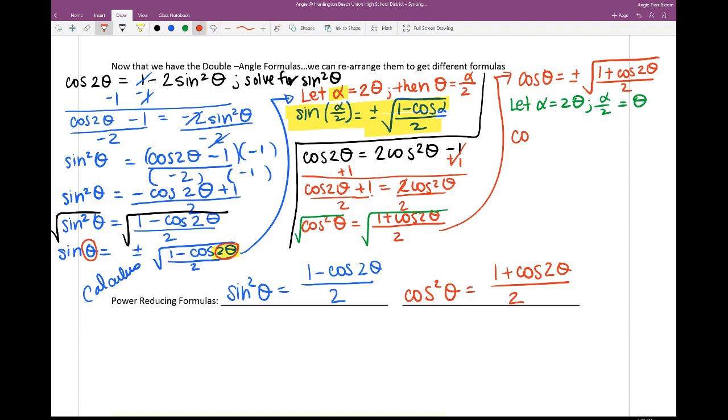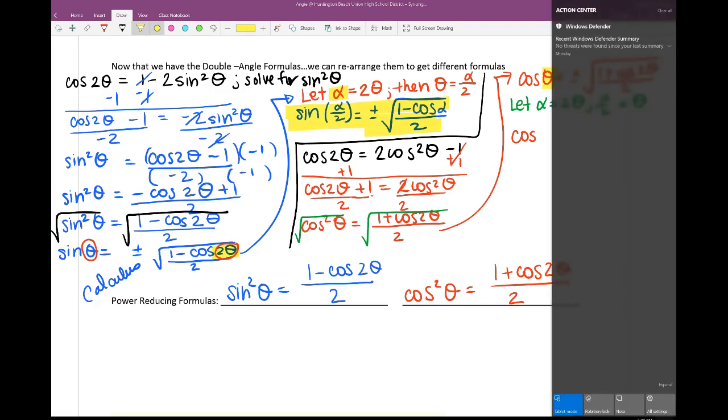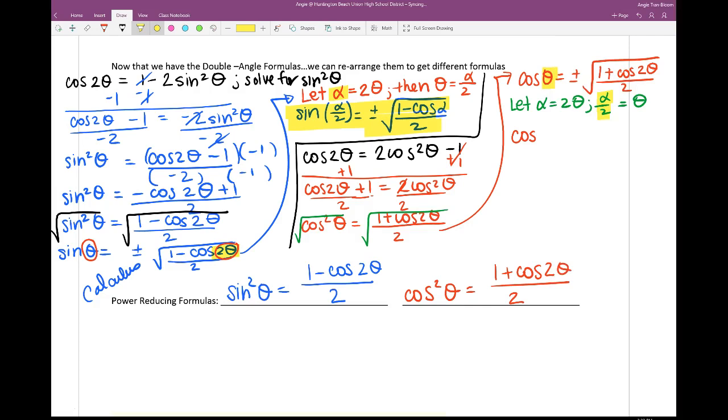So now I'm going to take out theta and put in 1 theta is alpha over 2, I meant. Okay, so now I'm going to write cosine of alpha over 2 equals, so plus or minus is still in the front, big radical, 1 plus, I'm going to take out 2 theta and put in alpha. You see that right there?